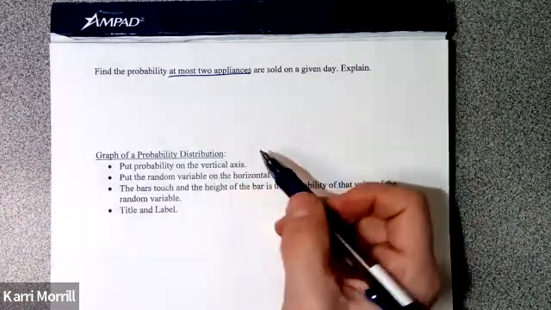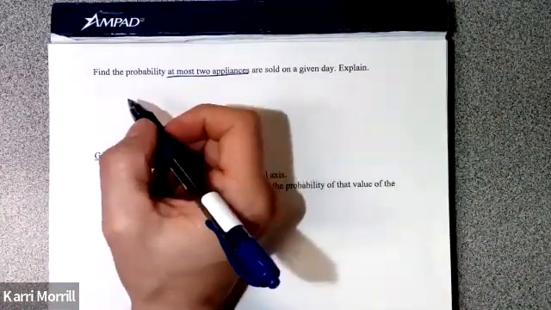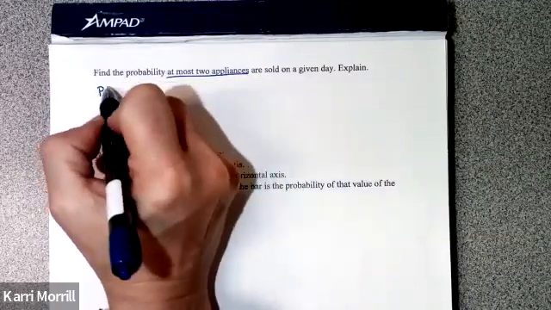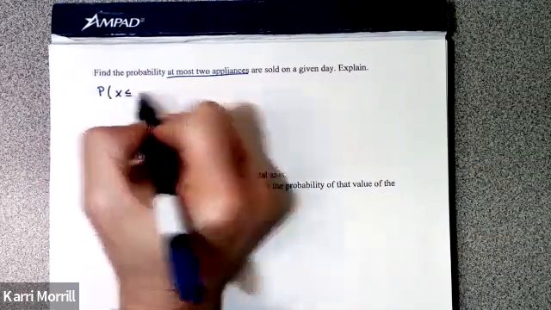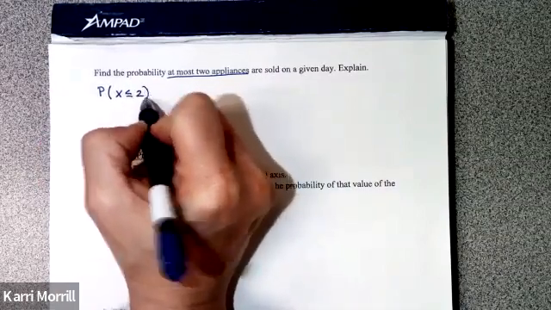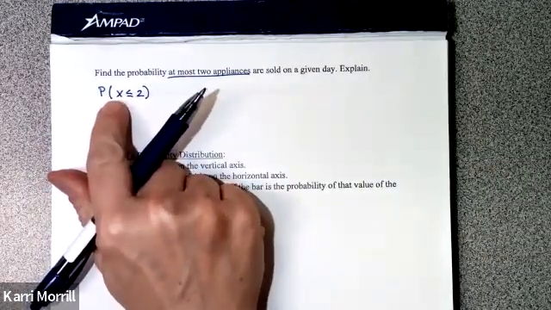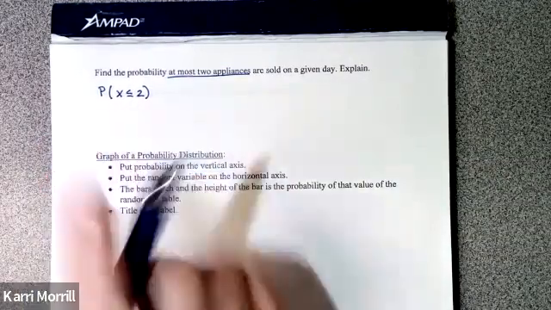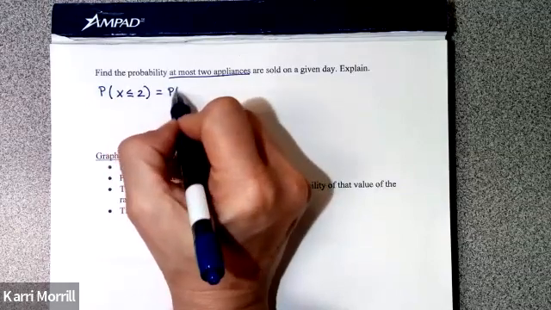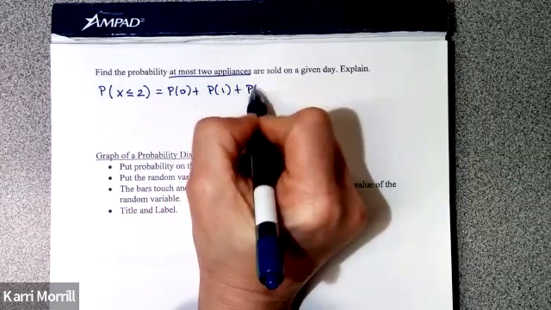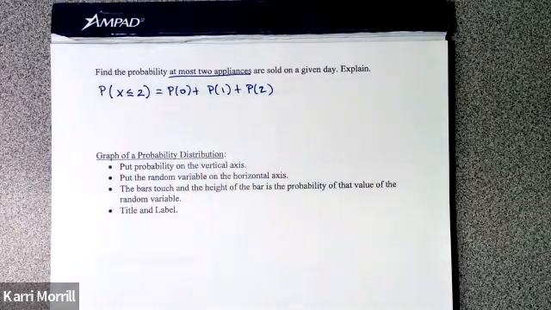So we would say the probability of X being less than or equal to 2. So the probability of selling 0, 1, and 2 is what we're adding together: the probability of selling 0 plus the probability of selling 1 plus the probability of selling 2.